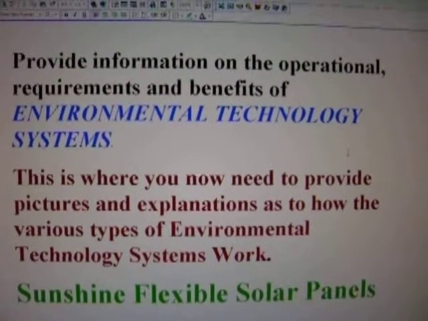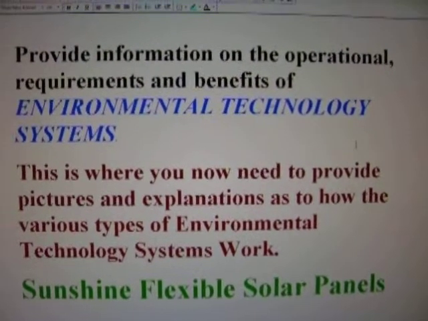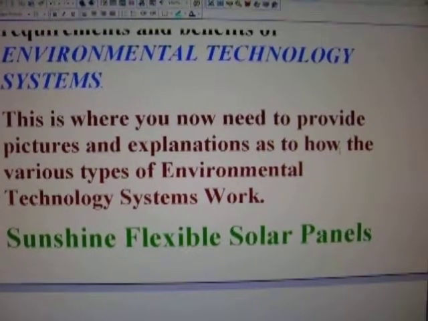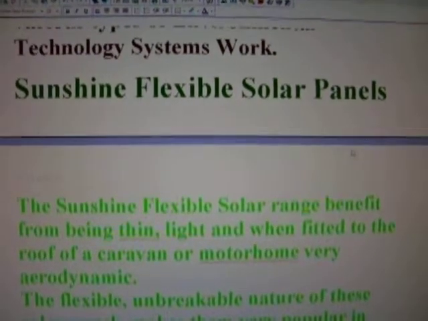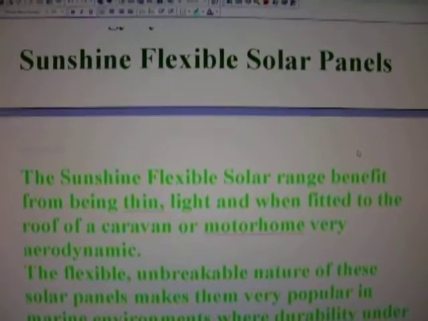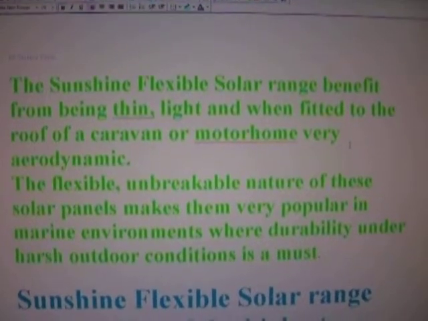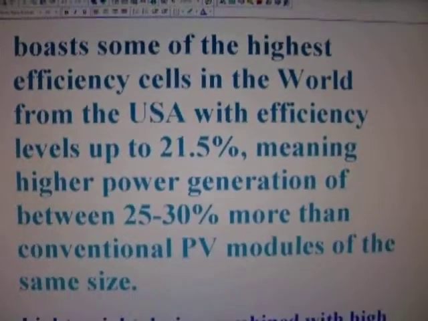This is where you now need to provide pictures and explanations as to how the various types of environmental technology systems work. Sunshine flexible solar panel. Now, all I've done here is give you some information, basically as an example, purely as an example. You can find your own additional information and your type of information that you want. Okay.